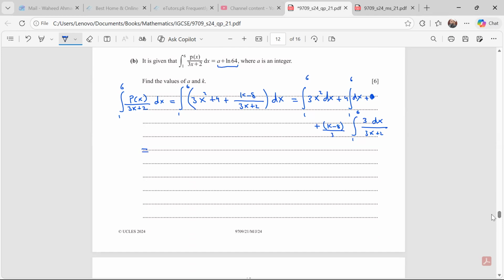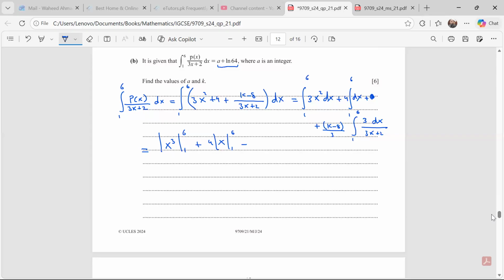You see, this is the derivative of x cubed, because when I differentiate x cubed, it will become 3x squared. So x cubed from 1 to 6, plus 4x from 1 to 6. Am I right?